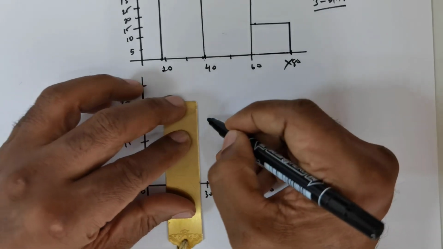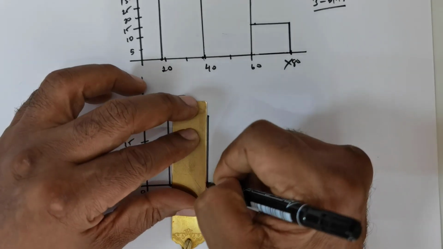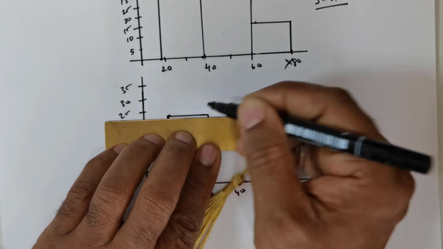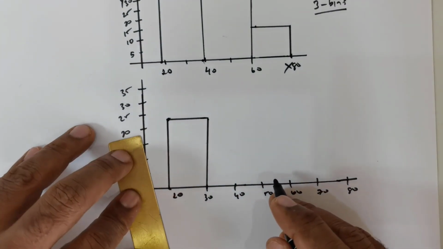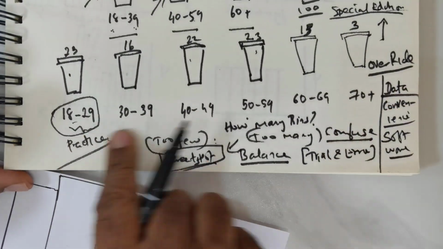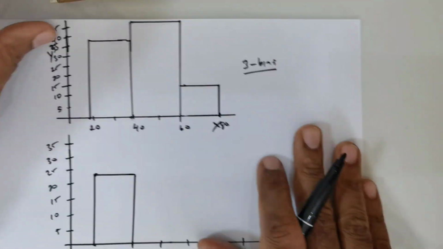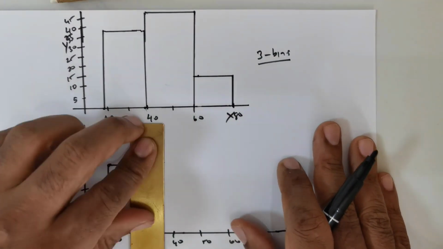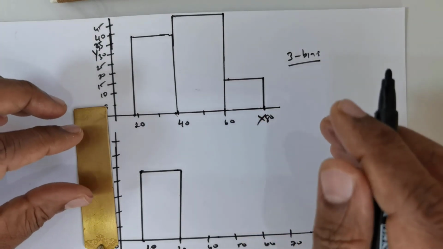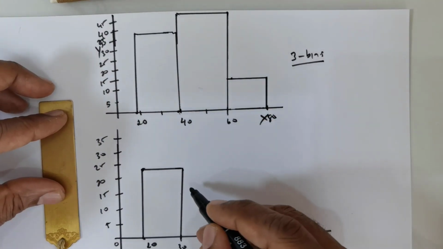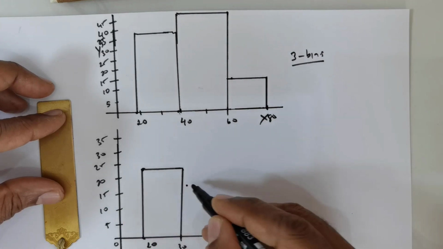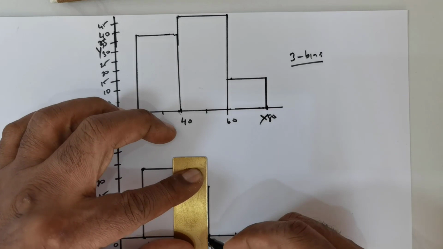So drop a line, and drop a line, 20 to 30, because that's exactly what the data division is. See, this is the data division, right? So for 30 to 40, the number of people, 16 people, is over here, 15 and 16 is over here. So this would be the division.